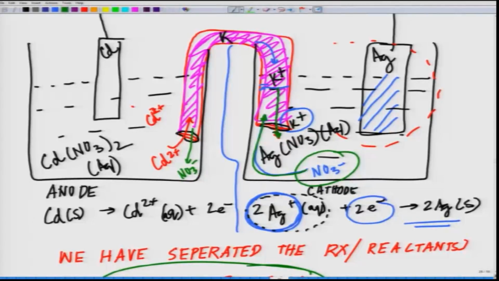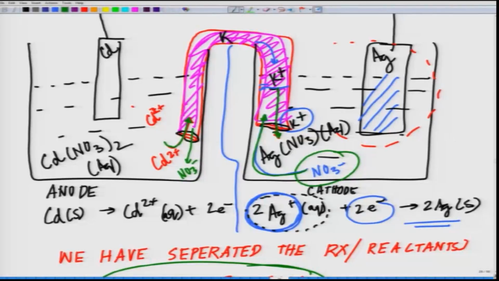On the contrary, the positively charged ions from the anode side, which is your cadmium 2 plus, move slightly inside the salt bridge, whereas some of the negatively charged NO3 minus ions from the salt bridge migrated into the anode side. So, what are the consequences of this kind of movement?